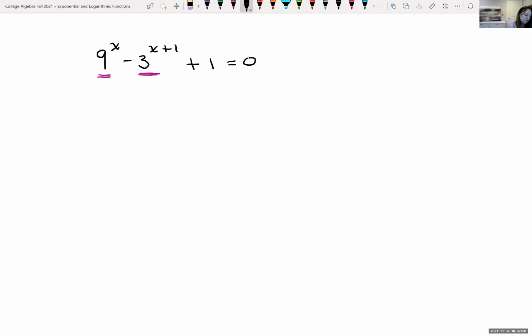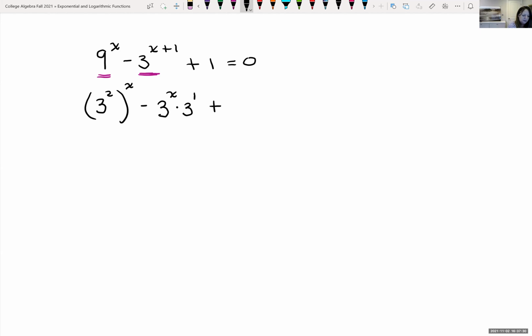Let's use rules of exponentials. So we can rewrite this as 3 squared raised to the x minus, the problem with this is that I have this 3 raised to the x plus 1 power, but we can use rules of exponents. This is the same thing as 3 to the x times 3 to the first.